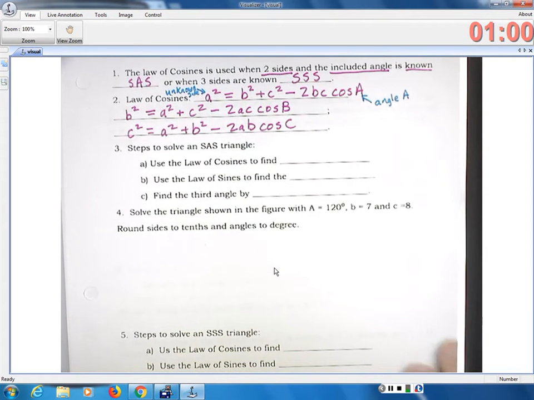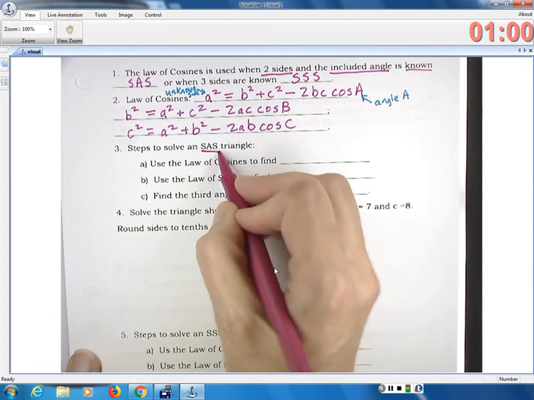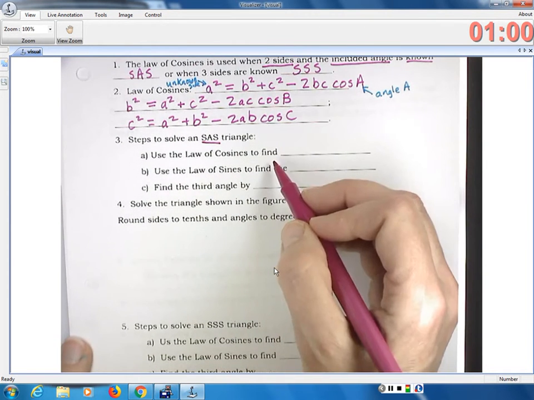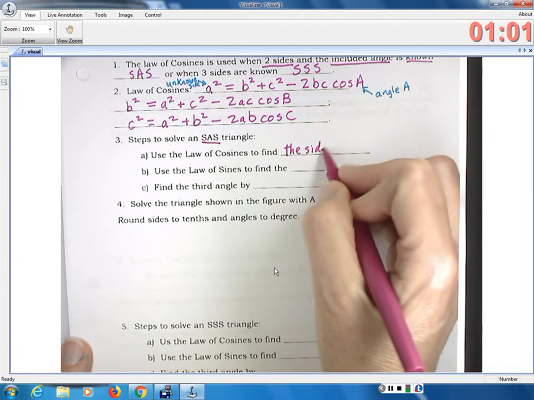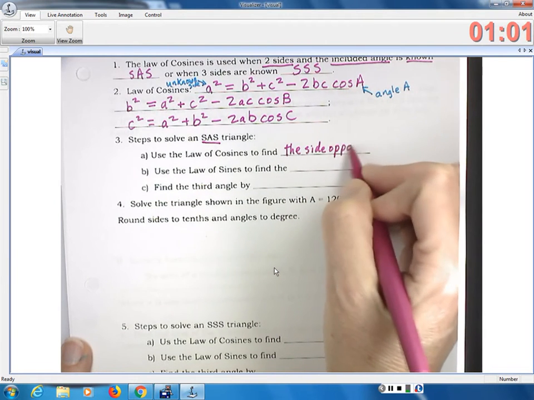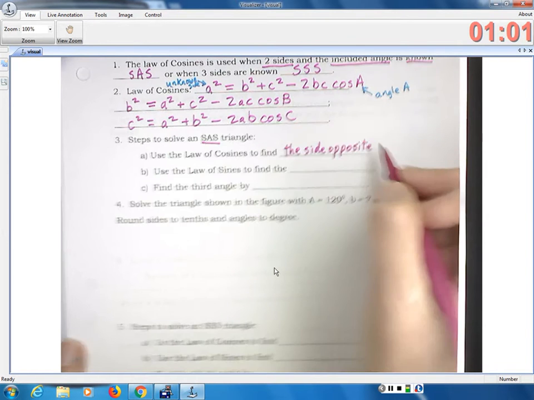So here are the steps to solve a side-angle-side triangle. Use the law of cosines to find the side opposite the given angle.